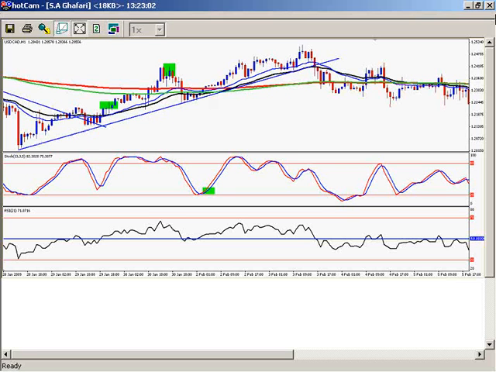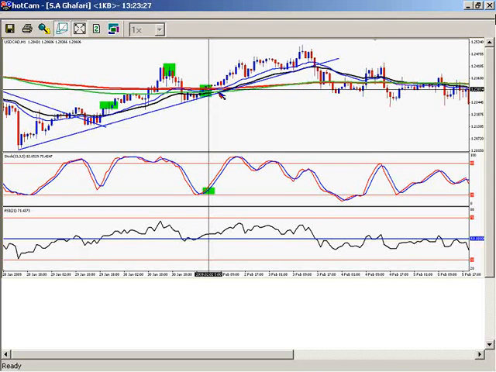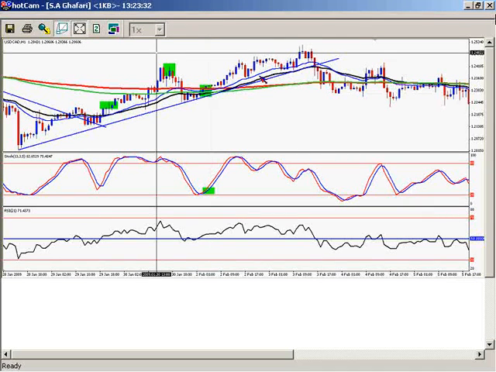This is very stressless. You can trade here very relaxed because you're with the trend, and it's very unlikely to have a losing trade right here because we are on the right direction.